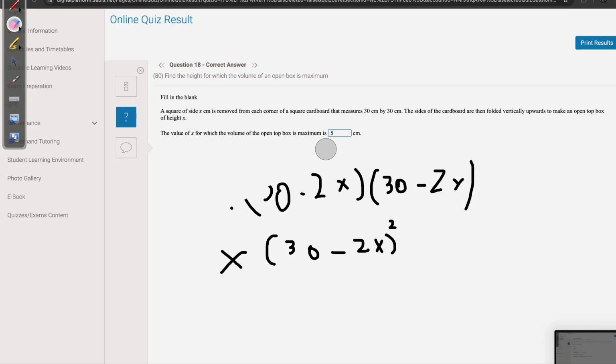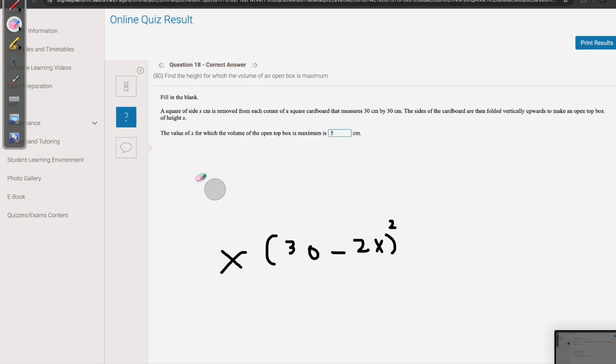Okay. Here they want x, so that means we're gonna have to make it an equation, derive it, then after we derive it, make it equal to 0. Also, by the way, we have to apply the condition from 0 to 15, because 30 minus 2x equal to 0, x will give you 15.